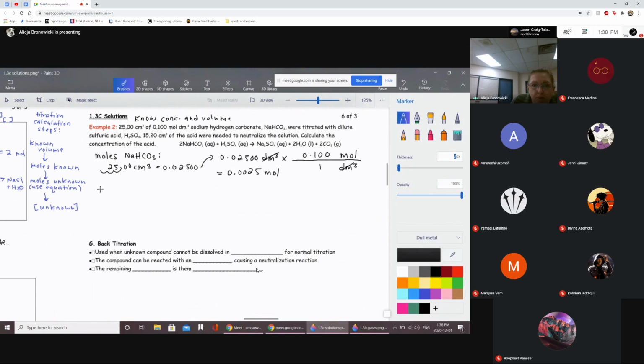Okay, so I have 0.0025 moles of NaHCO3. So how many moles of H2SO4 does that correspond to? Okay, so 2 mole NaHCO3 to 1 mole H2SO4.